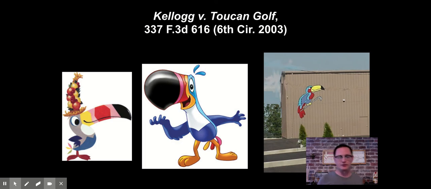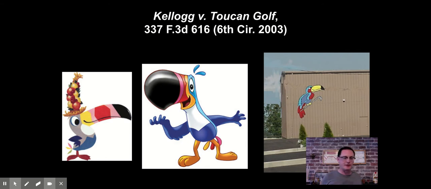And you can see the original version of Toucan Sam on the left there, a contemporary version in the middle, and Toucan Golf Incorporated, a Mansfield, Ohio-based company, decided to start producing golf-related products with a Toucan Golf logo, which you can see in the image on the right.